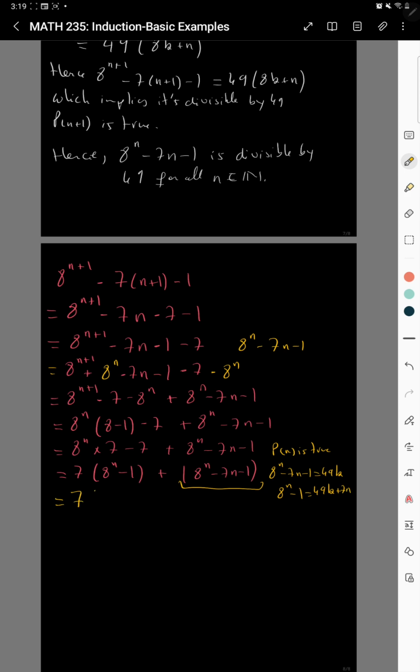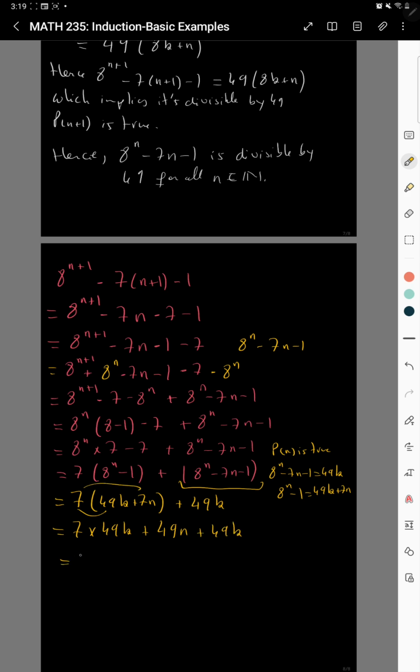Let's replace it by its value in terms of k and n. So it's 7 times 49k plus 49n.